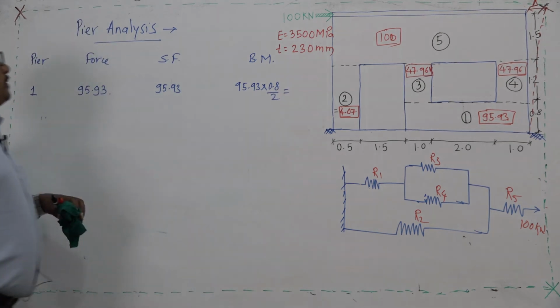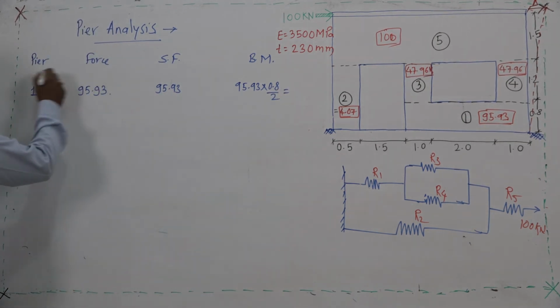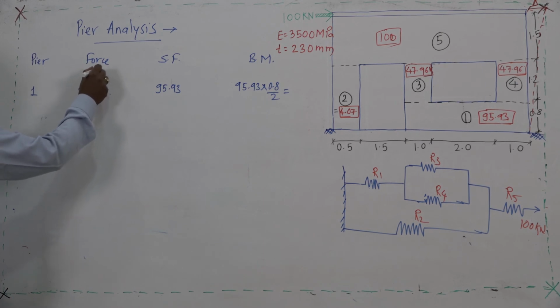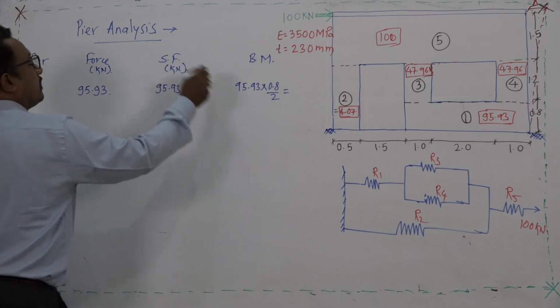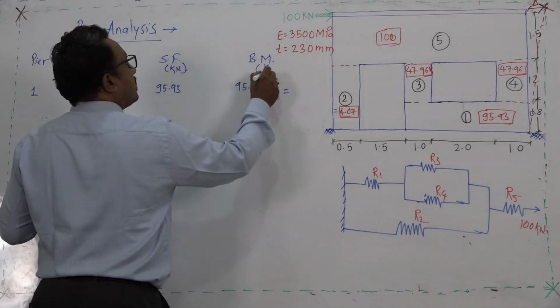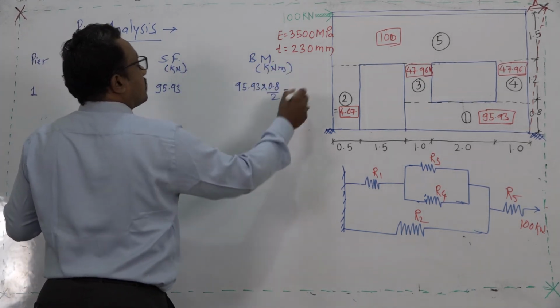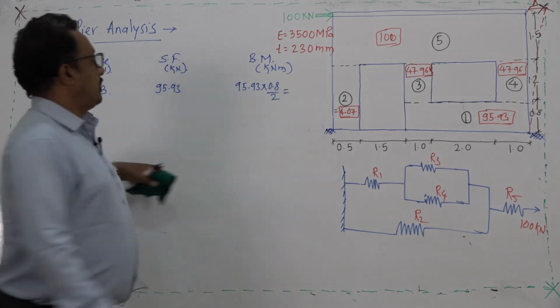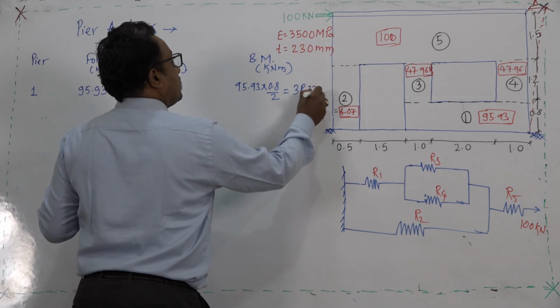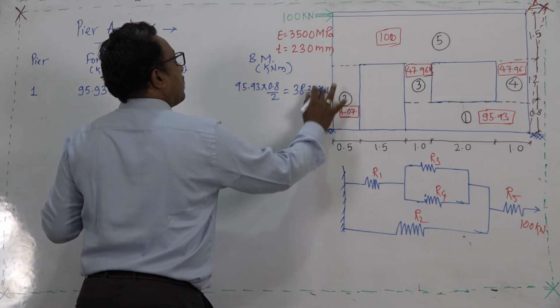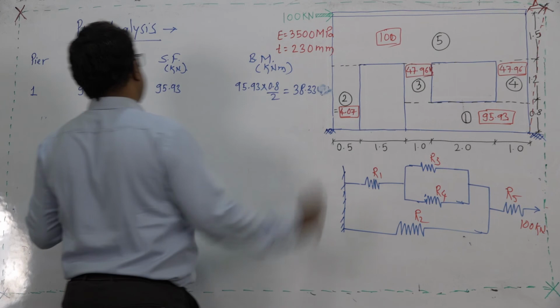So, this will be the value of the bending moment. So, the pier, then I will write the force here in kilonewton, the shear force in kilonewton, the bending moment we will consider in kilonewton meter. So, this value is how much? 38.33 kilonewton meter.